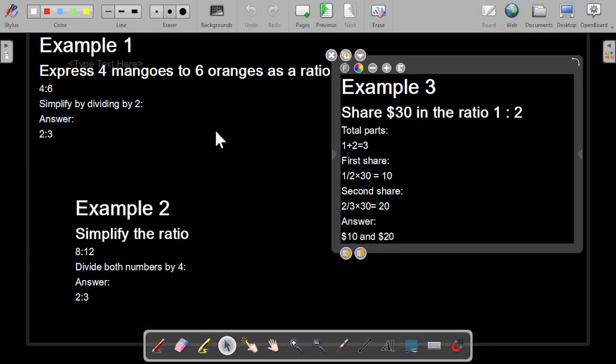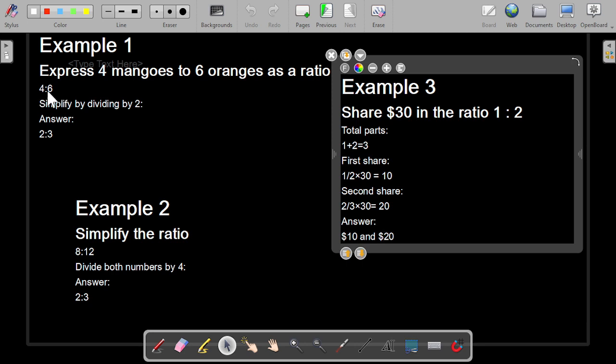Let's see. Example one. Somebody will ask you, express 4 mangoes to 6 oranges as a ratio. This is a mathematics question. Express 4 mangoes to 6 oranges as a ratio. Now, normally, when you have this kind of question, they want you to express this.